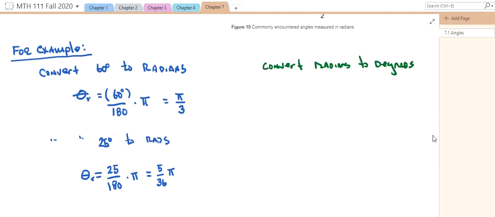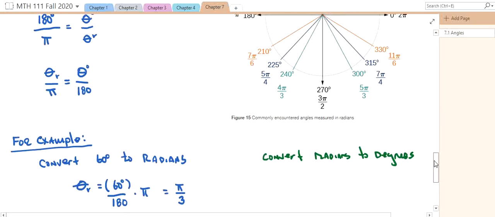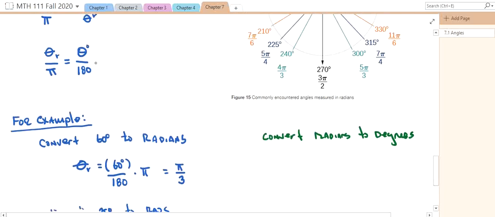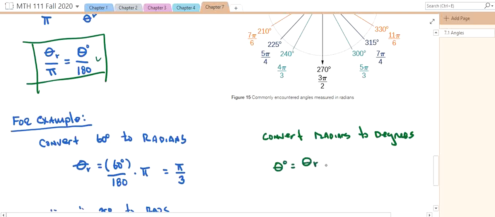We can also go in the other direction. So now we'll do algebra and we'll solve this equation up here in a different way. We'll go theta in degrees equals theta in radians times 180 over pi.